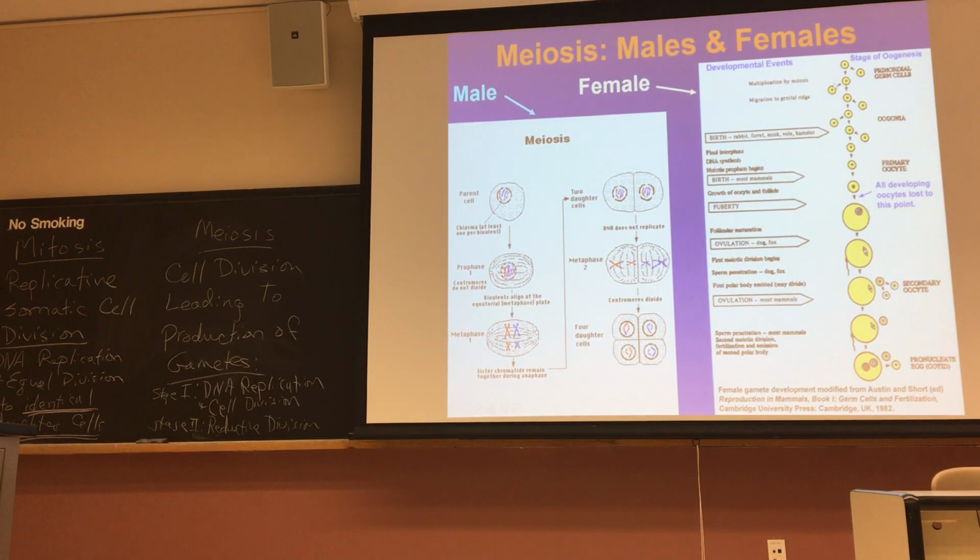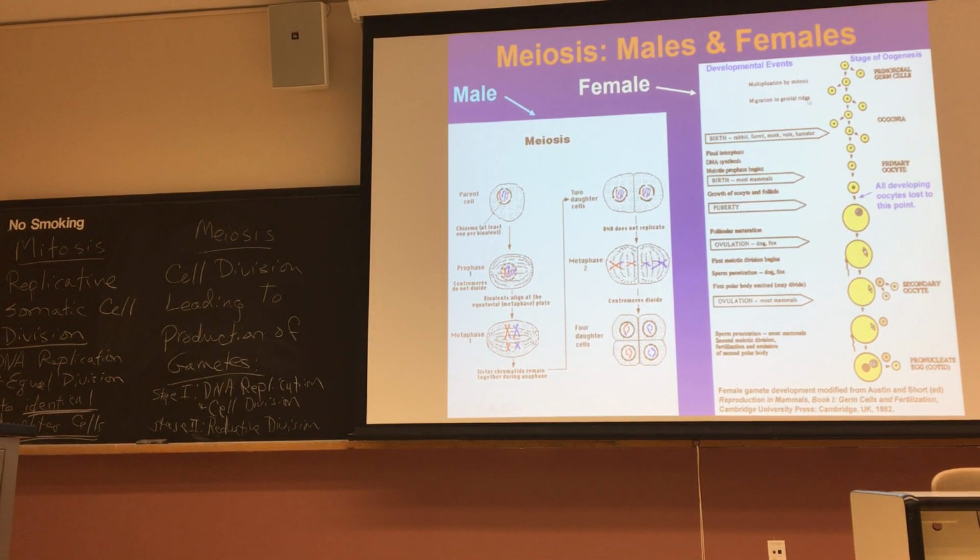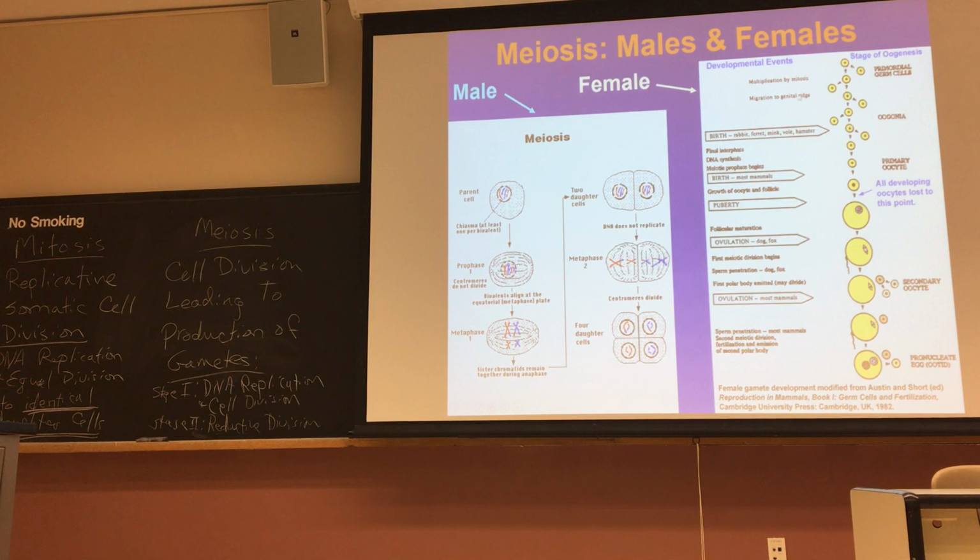So replication of these parent cells in the male continues for the entire life of the individual. In the female, this mitotic replication of oogonia stops prior to birth. They continue to mitose during migration to the genital ridge, which is going to become the ovary in this case.